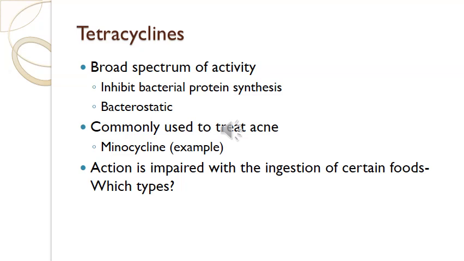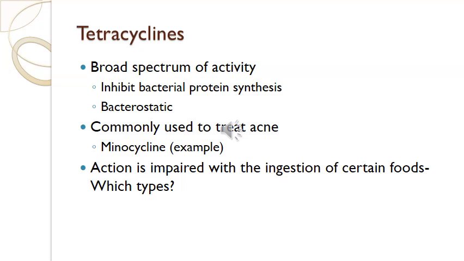And an important thing to know is that the action of these gets impaired with the ingestion of certain types of foods. These should not be taken with dairy products or any type of supplements that contain iron, aluminum, calcium, or magnesium. And aluminum, calcium, and magnesium are common things found in antacids.